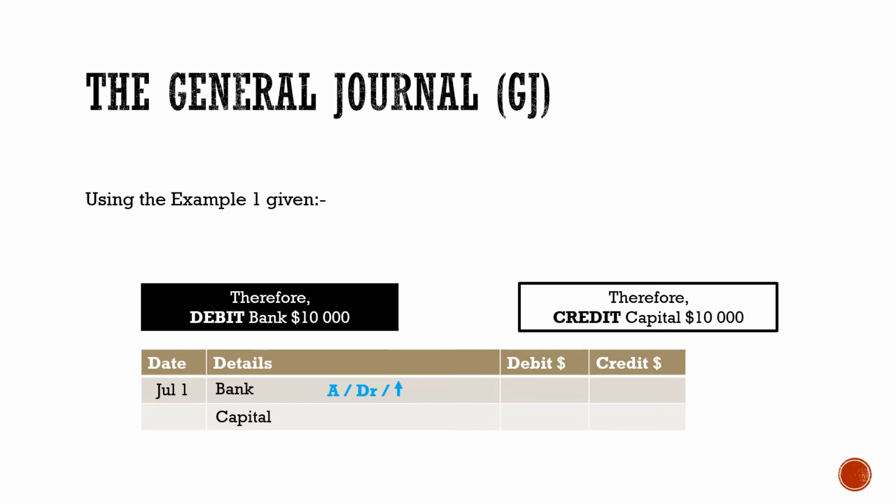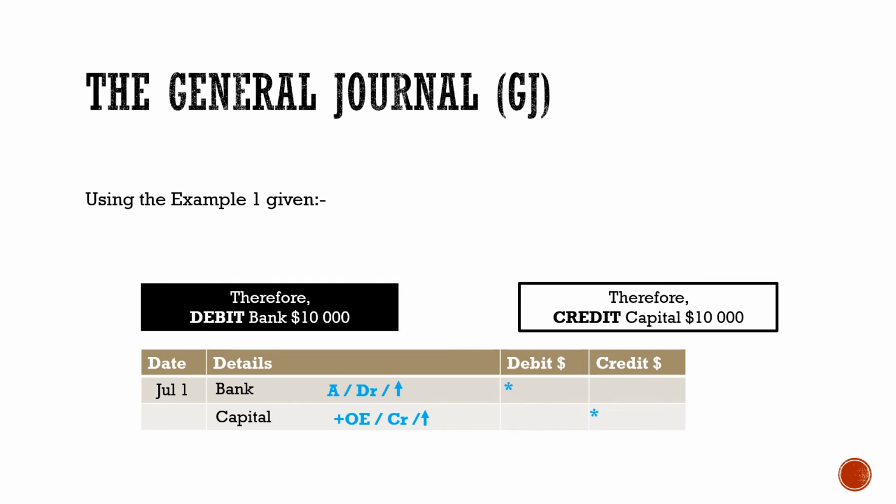Therefore, we know that the amount needs to be recorded on the debit side, which is marked here with the little star. The capital is an owner's equity account, which has a credit nature and had an increase, and therefore the amount will need to be recorded on the credit side, marked here with a star.